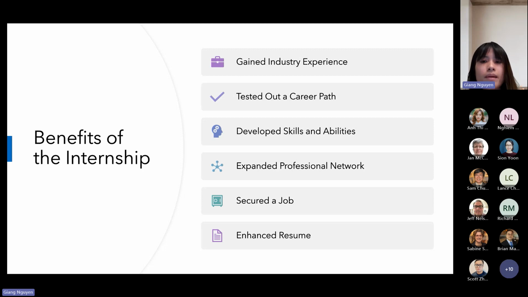It also developed my skills, ability, and knowledge in the computer science field, as well as expanded my professional network. It also helped me get a job in the future, to secure a job, which is the big success that I achieved in my internship, and also updated my resume to make it look better.